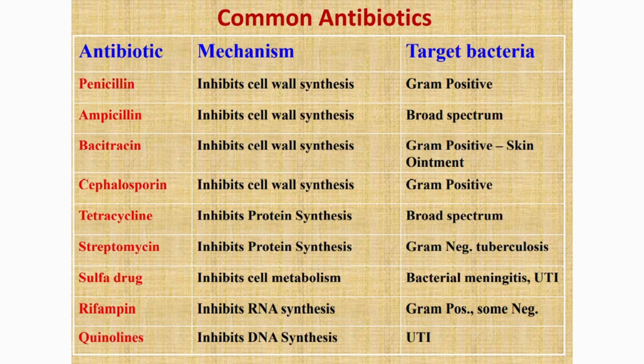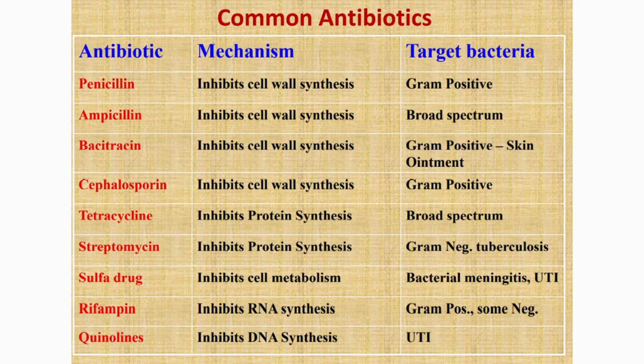Similarly, along with cell wall synthesis, there are antibiotics which control protein synthesis, for example tetracycline, streptomycin, etc. At the same time, you have rifampin and quinolones which inhibit RNA and DNA synthesis.